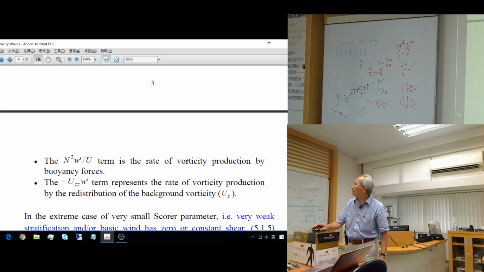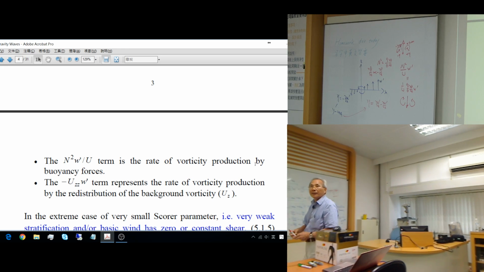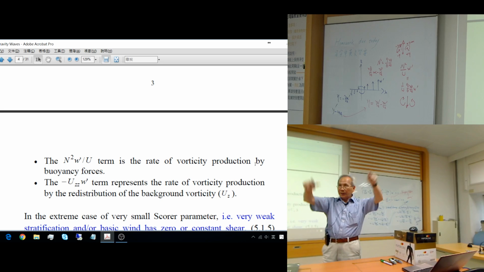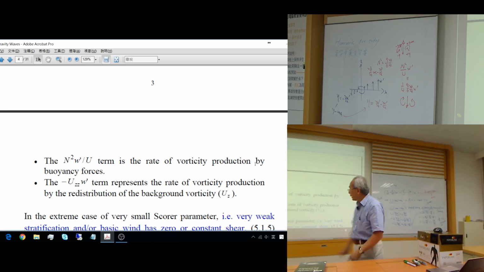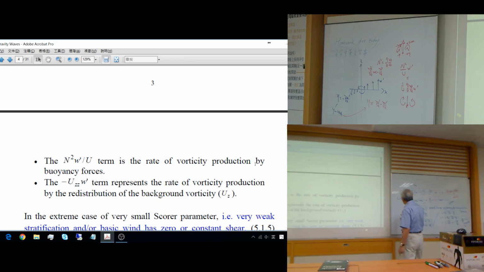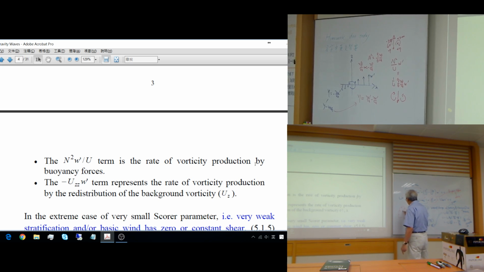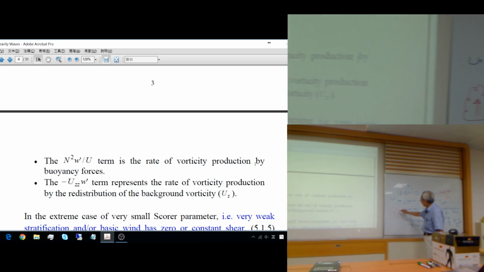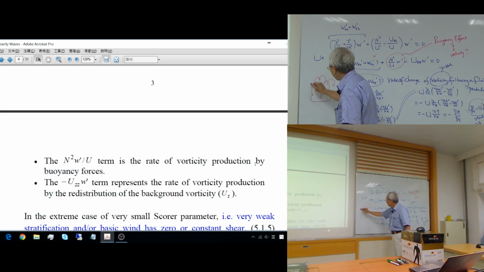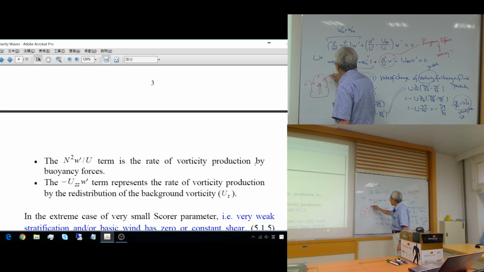So it's a rate of vorticity production. When you have upward motion, you create it. Remember I drew this figure: when you have a thunderstorm, we have upward motion here, and then here we create vorticity, and that gives us secondary circulation.